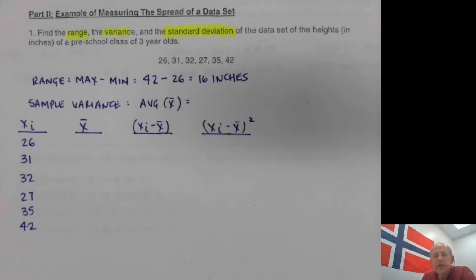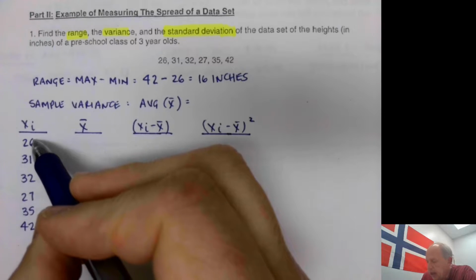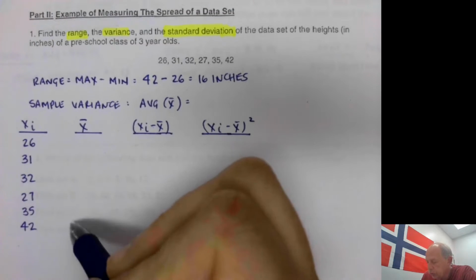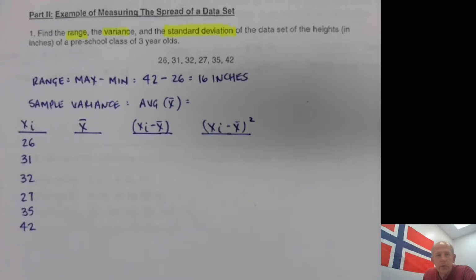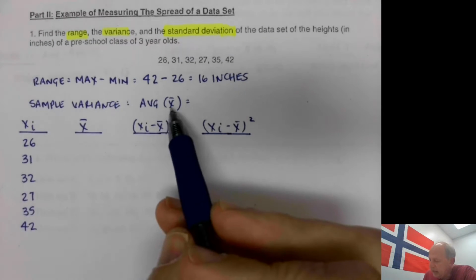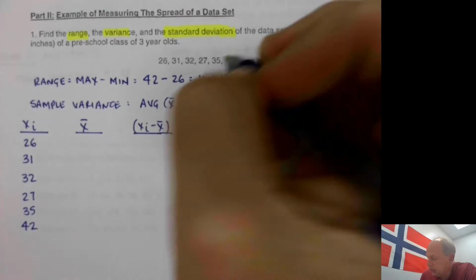Now the sample variance is all about comparing each child to the average, or the mean, of the data set. So what I have to do is calculate the average, or x bar.